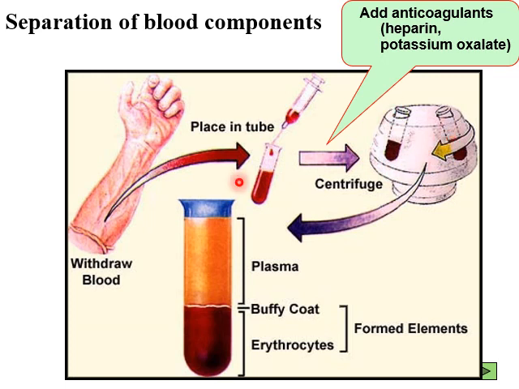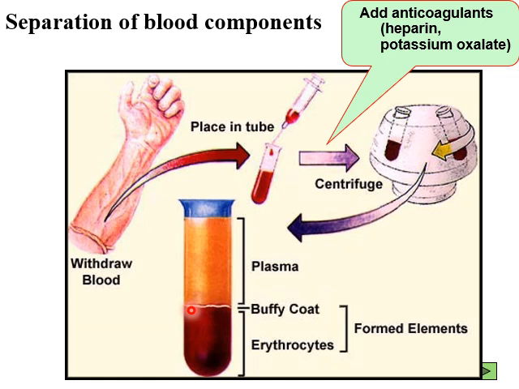The centrifuge is not required for the separation. It actually speeds up the process of separation. You can do this without the centrifuge also. You take a test tube, put the blood in it, add the anticoagulant and leave it in the test tube stand for a few hours. After a few hours, you will see that all the RBCs settle at the bottom.